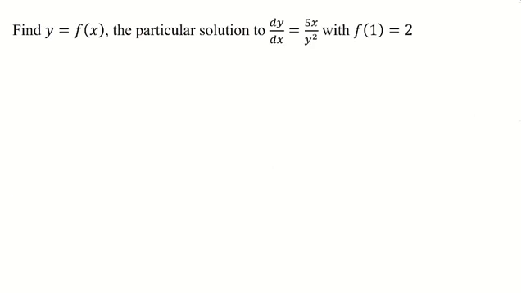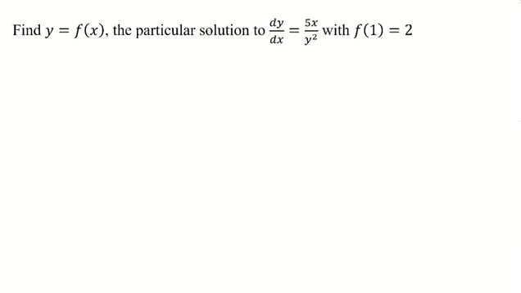Okay, here it's finally asking us to find a particular solution. So the particular solution was like, on the slope field, here's your starting point, color in the lines. We're going to do the same thing, except we're going to plug in x equals 1 and y equals 2 to find the value of c. So I'm going to clear out the y squared.